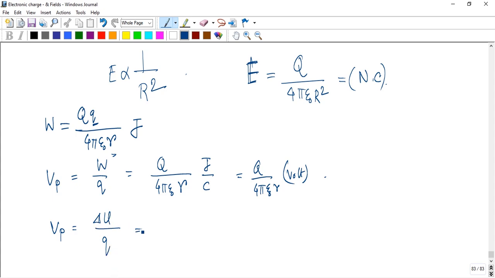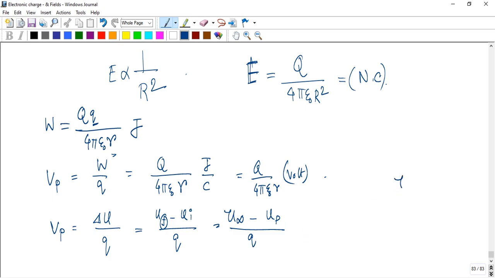So delta U is the final potential energy minus the initial potential energy, divided by q: U at infinity minus U at point P, over q.